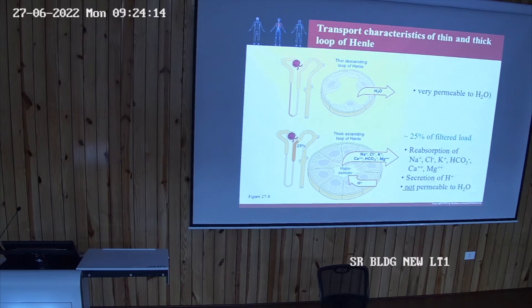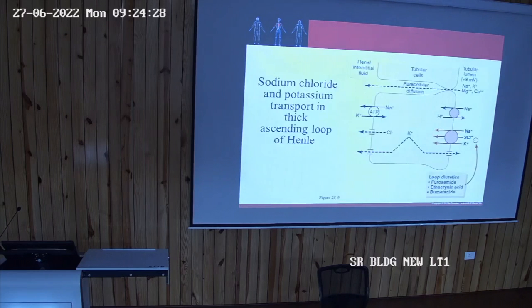Thin and thick. So this is the descending limb, which is very permeable to water, obligatory water reabsorption. Okay, thick ascending, sodium, chloride, potassium, and not permeable to water. Very important.